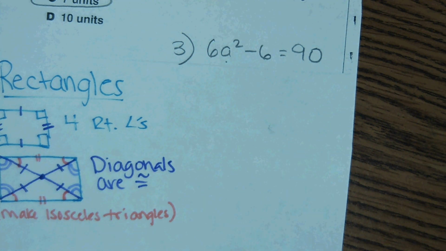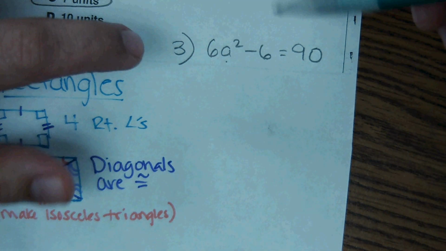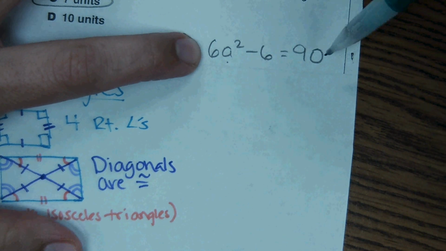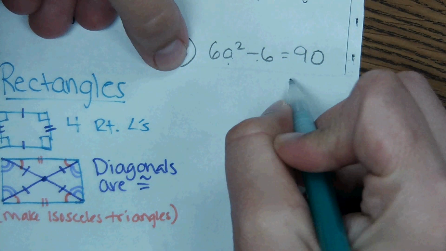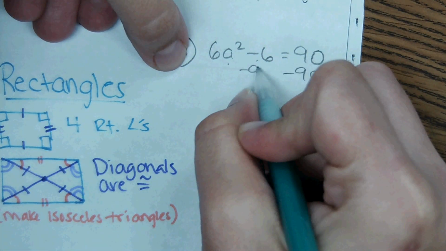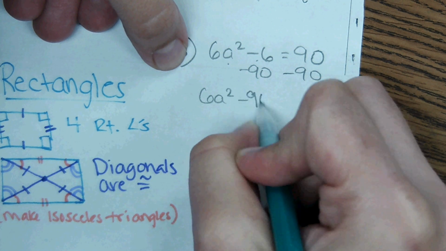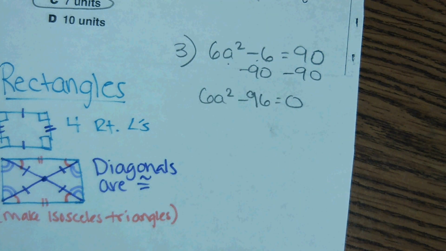Okay, we're going to bring in some algebra here. We're going to have to factor this, but before we do that, we need 90 to be over here, and this equal to 0. So we will subtract 90 here. You get 6a squared minus 96 equals 0. And then, next step, again, bring back some algebra.